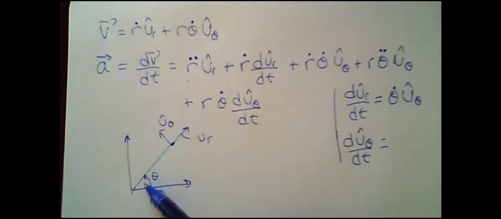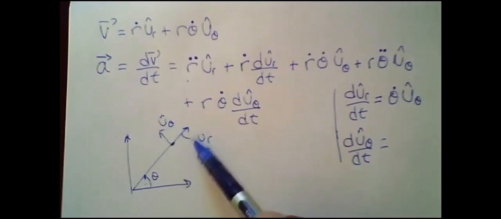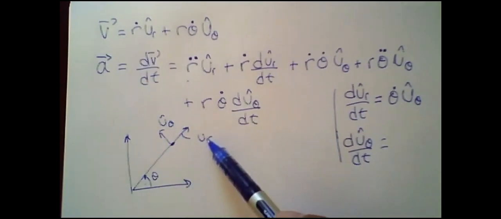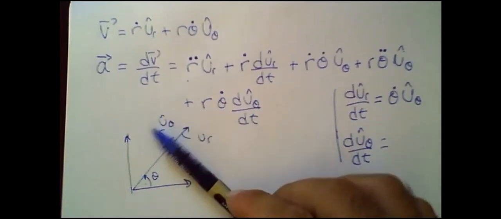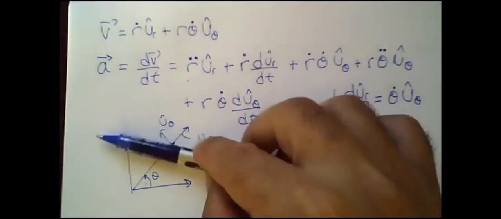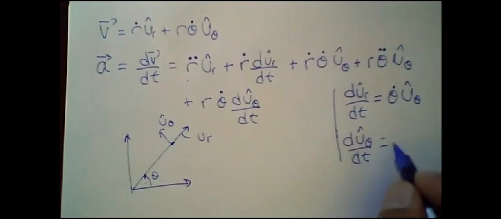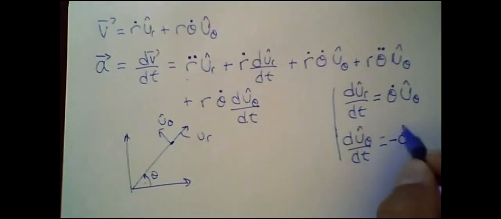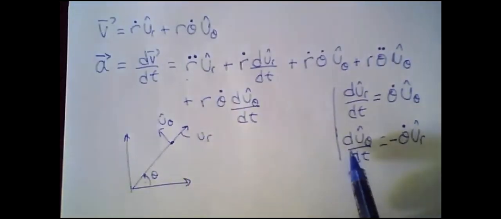Now, if you are rotating this guy, in which direction do you think U theta is moving? As a result of this, U theta is actually moving in the opposite direction of UR. Can you guys see this? As you rotate this, U theta is basically falling toward UR ultimately, right? So that will actually be minus theta prime UR. So it's like you are rotating this by 90 degrees when you differentiate that factor.